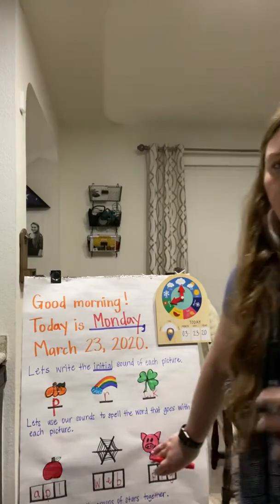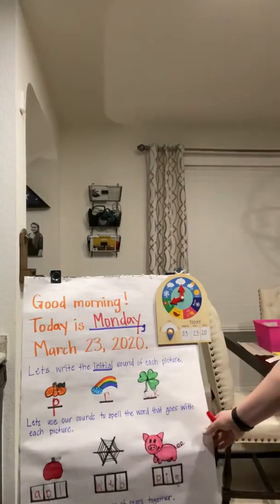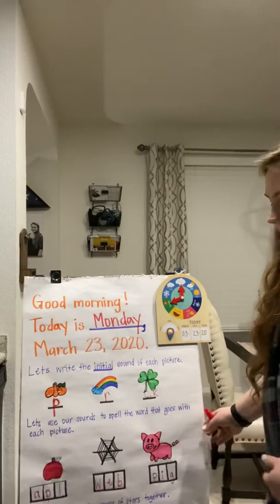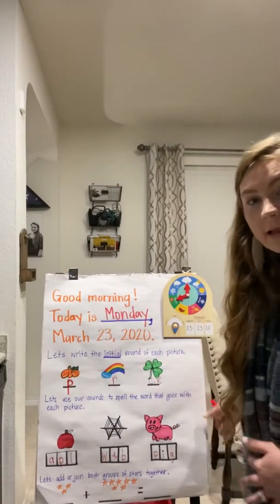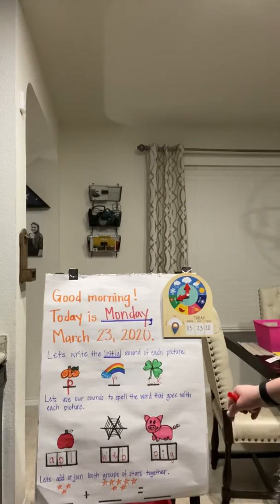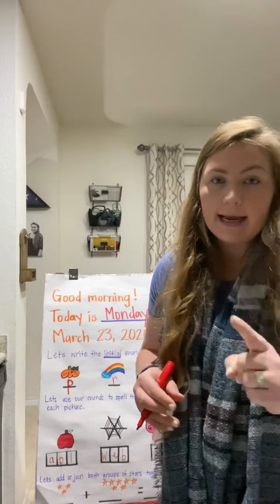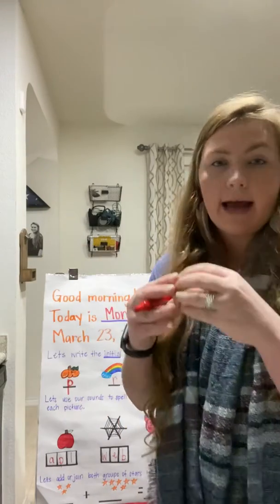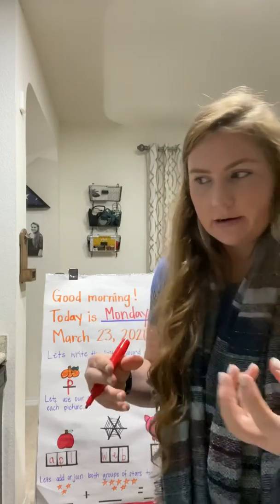And then down below we have a short math problem, which is going to be really easy for us. It says, let's add or join both groups of the stars together. So if we're adding, joining, or putting together, that means that we're going to get a number that is bigger, right?